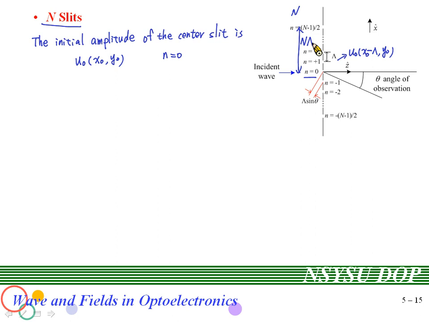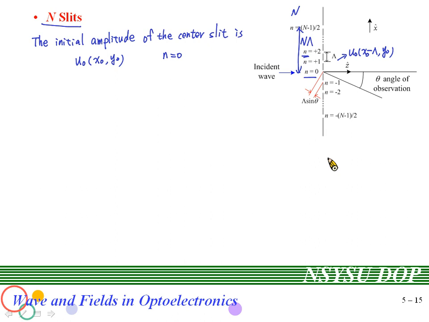And of course for the slit of number n, the amplitude can be written as s0 minus n capital lambda y0.